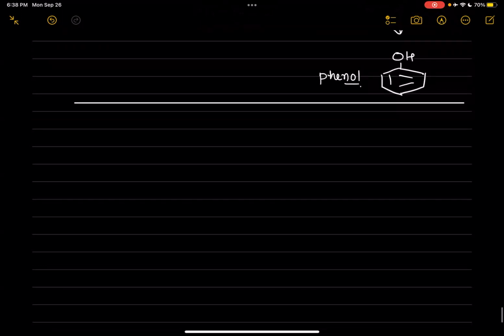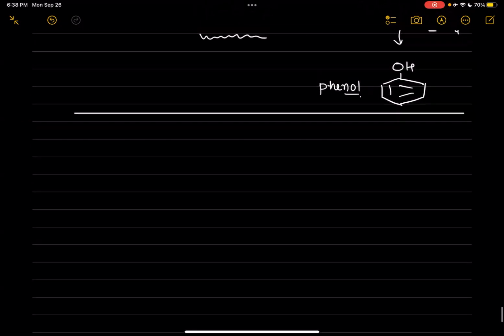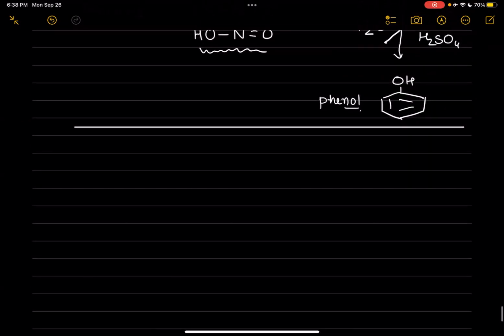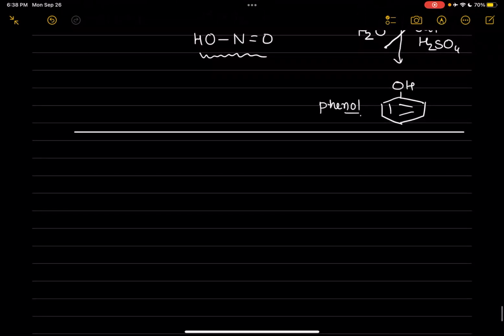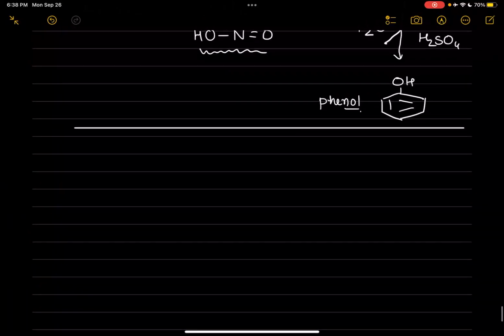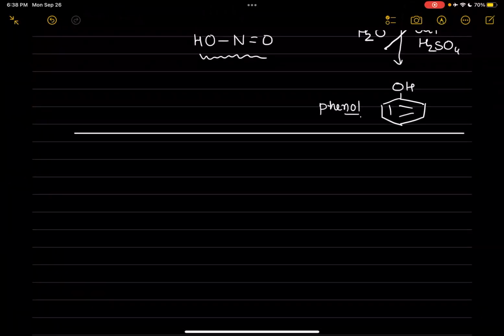Tell me in case you remember. That is actually the preparation of phenol using isopropyl benzene. This is a very, very famous method.